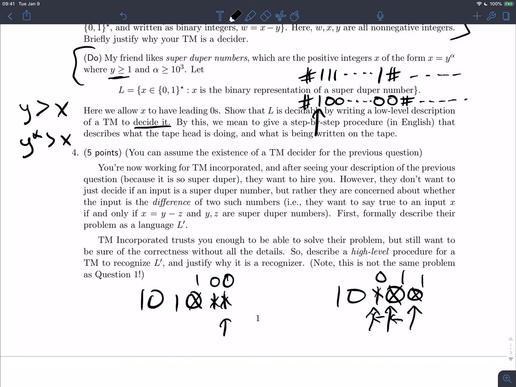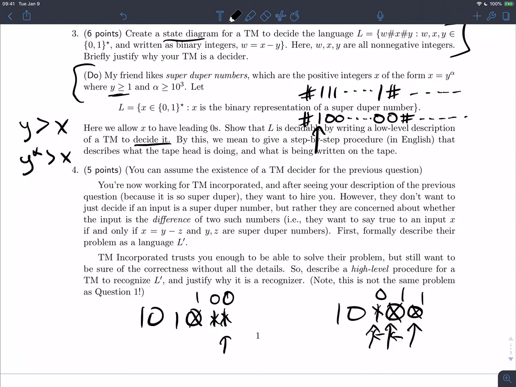How do I come back to that exact place? Because if I have a whole bunch of these number-sign separated things throughout the tape, how do I come to that exact set of pound signs again? I don't have a way of marking that it's there.